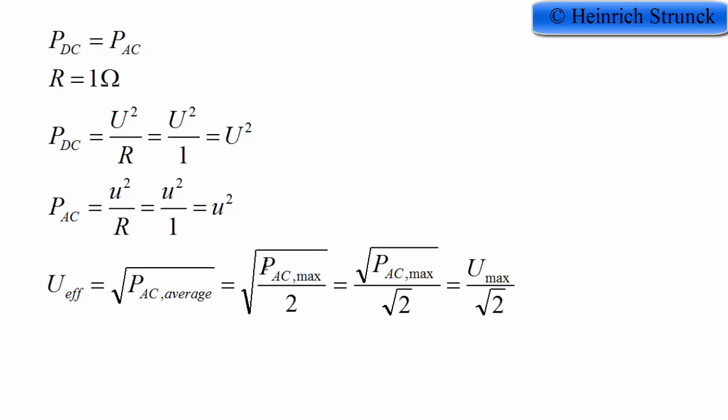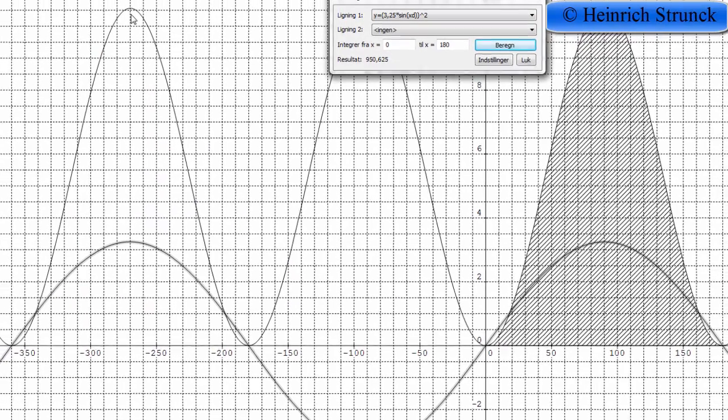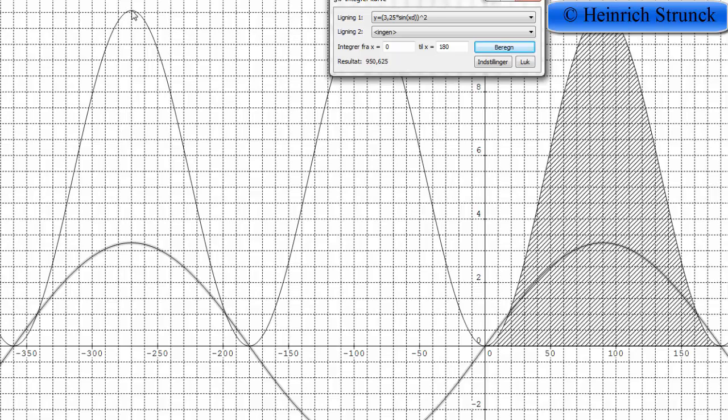We find out that the average power for AC was the maximum power divided by 2. And if we take a square root of a fraction, we can split it up and take the square root of the AC maximum power divided by the square root of 2. And for the square root of the AC maximum power, we can see in Graphmatica that here we have the maximum of power, and we take the square root of that, we get the voltage.